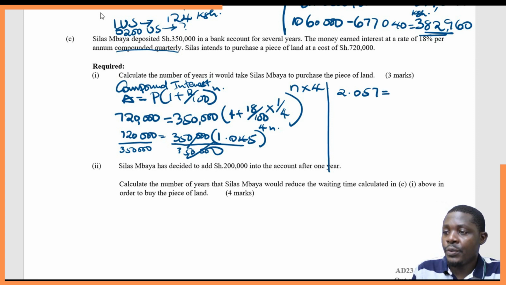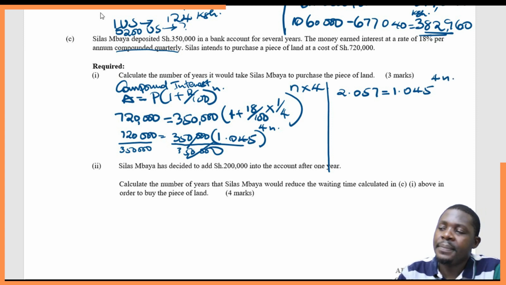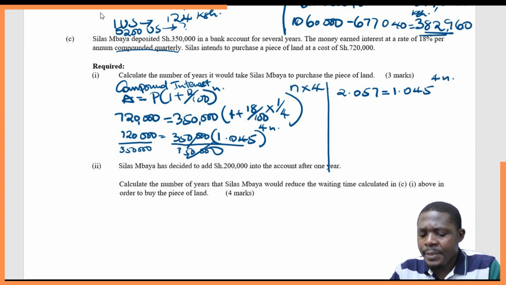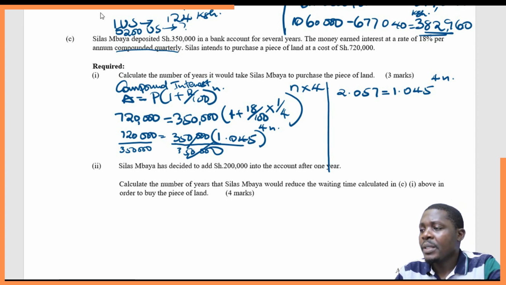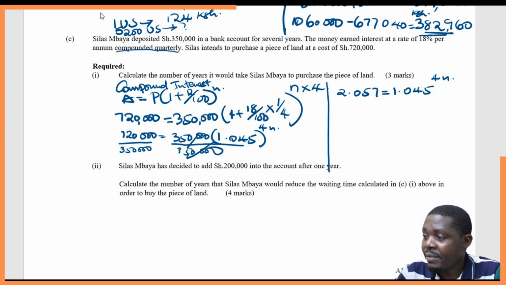is equal to 1.045 raised to power 4n. Now at this point we are getting an equation that we can only solve by formulating a logarithm to determine the value of n, which is unknown here.